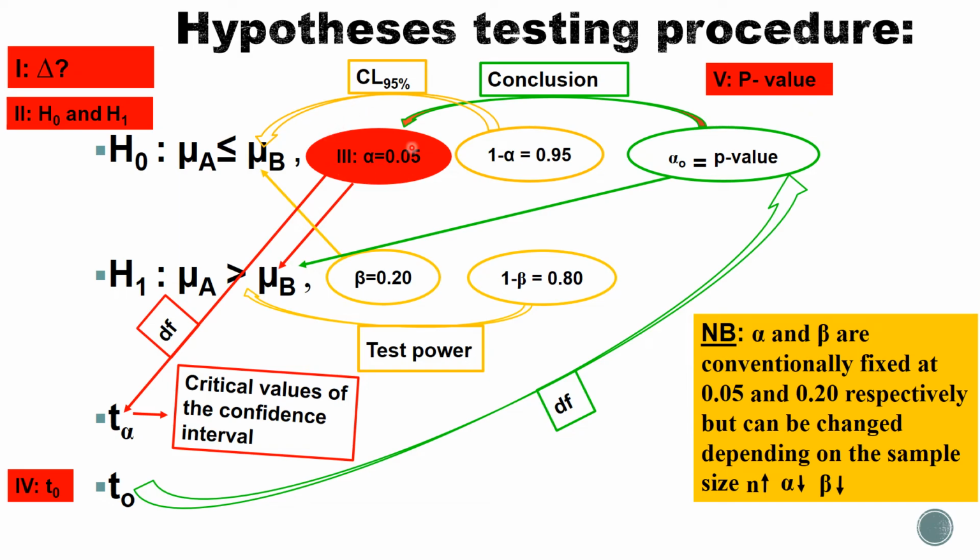Remember, alpha is the theoretical probability against the null hypothesis in support of the alternative hypothesis. P-value is the observed probability against the null hypothesis in support of the alternative hypothesis too.